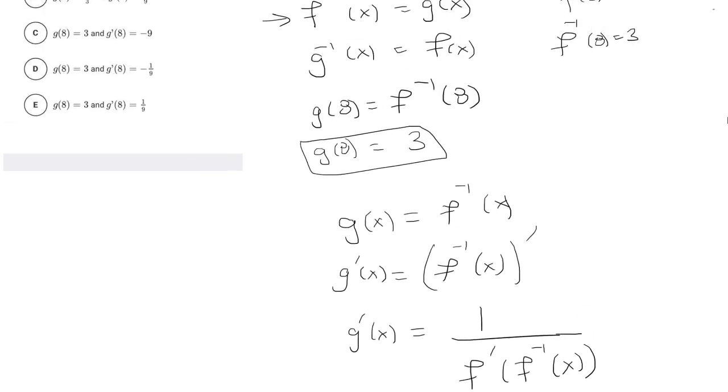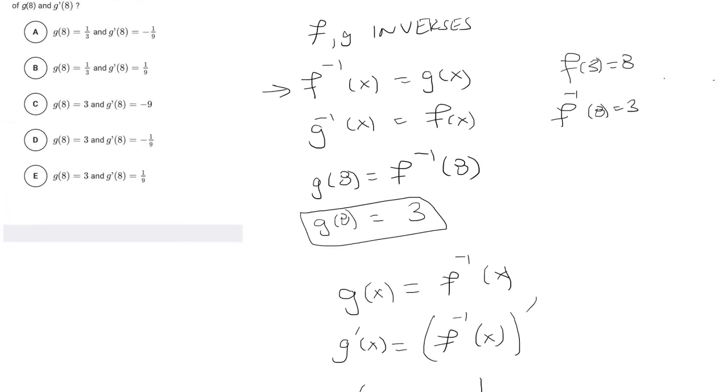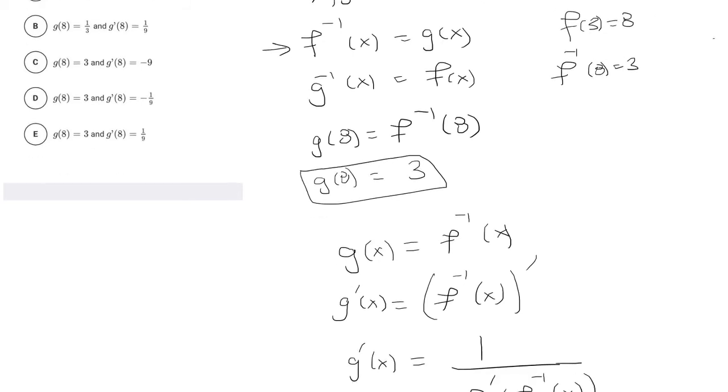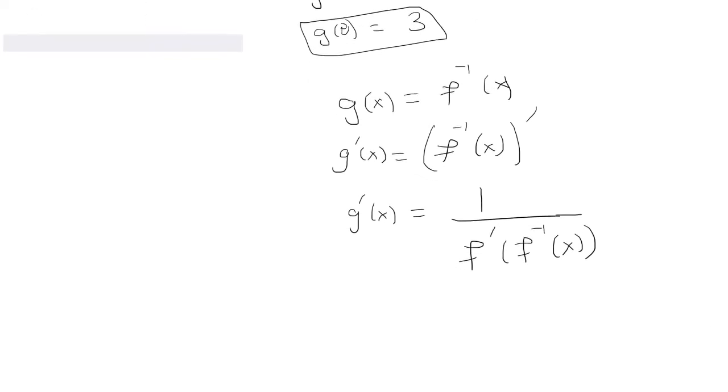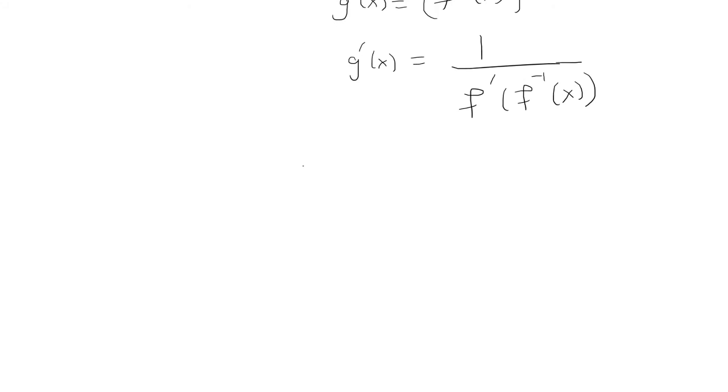So now the question is asking, what is g prime of 8? Okay, let's find that. I'm going to substitute x equals 8. So I have g prime of 8 is equal to 1 over f prime of f inverse of 8.